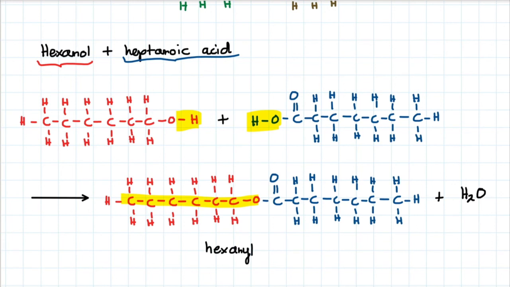Sorry, grade 12, it's not hexanol, but hexyl. And then the rest of the compound, the side in blue, comes from the carboxylic acid, and therefore the rest of this ester's name is going to be heptanoate. And that is the ester that we have formed, of course, in the presence of a catalyst and sufficient heat.